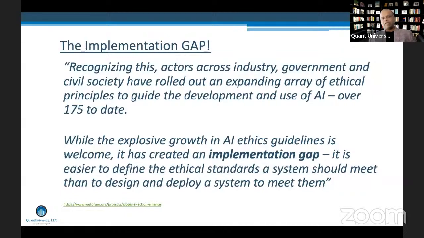And one of the statements they make is there are 175 ethics-based frameworks which are out there, and that's been recently developed in the last few years. Many industry organizations, government organizations, civic societies have put together various frameworks. But unfortunately, many times, these are not practical. And even though there is growing concern, there is what's called an implementation gap.